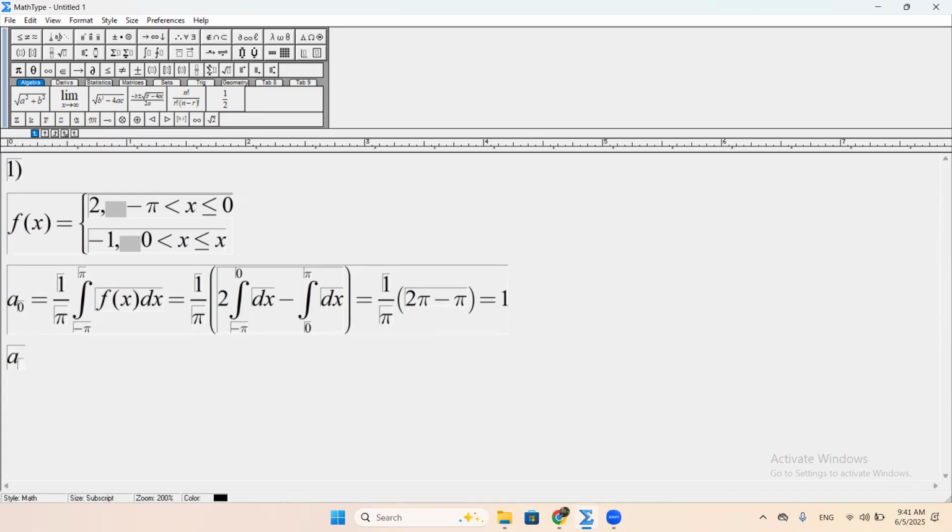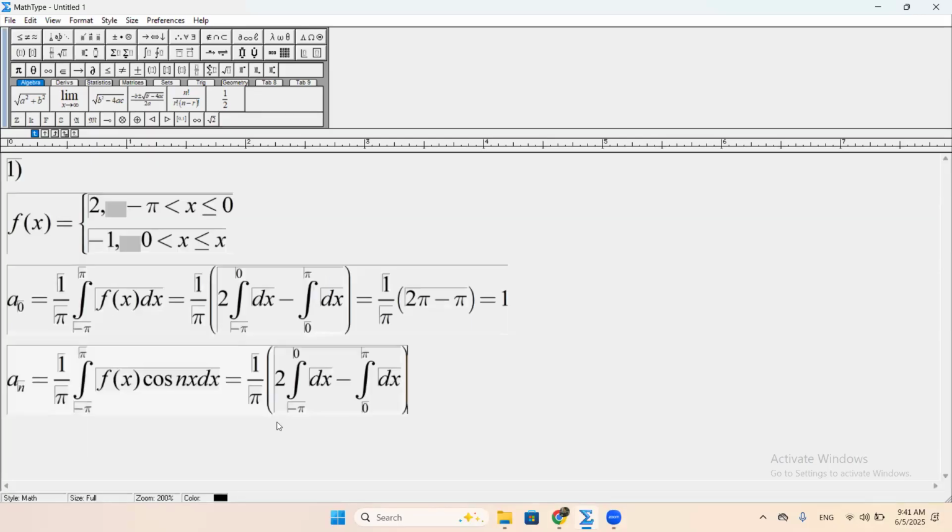Let's find an. So now we will multiply this function by cosine of nx. Actually, we're doing similar stuff. So cosine of nx, and here cosine of nx as well.